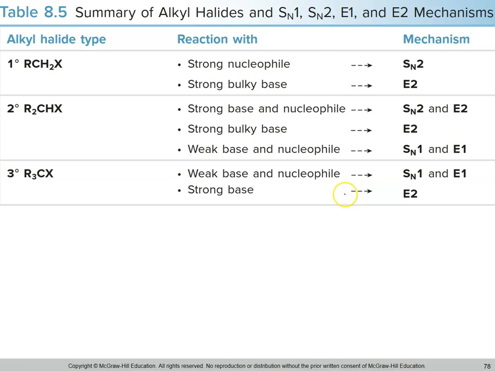And with weak bases, for the primary, SN1 or E1 are not an option, but for the tertiary it is if you have a weak base or a weak nucleophile. And for the secondary, you can have all of them, right? So these are all options, and it really depends on the base and the solvent, and those are what are going to dictate if you're talking about E1 SN1 for the weak nucleophile or base, and then with strong bases or nucleophiles, you're going to have the E2.